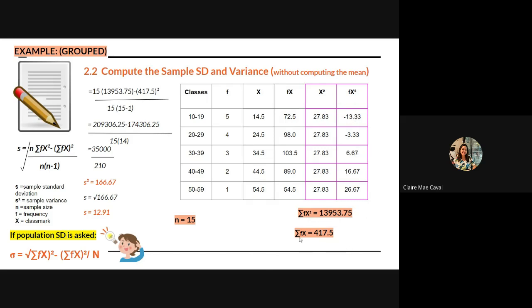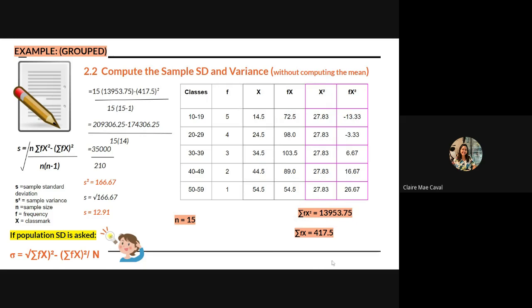Summation of fx is 417.5. And n, the sample size, is your total number of frequencies. Again, class, change this. All the data here is wrong. This should be the square of the class mark, and this one the square of your fx.